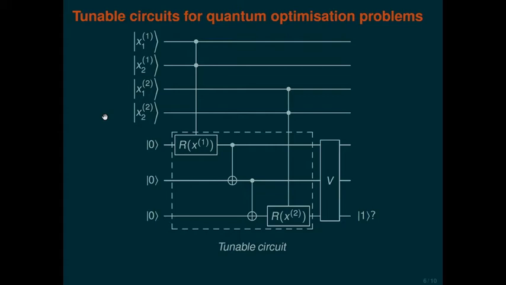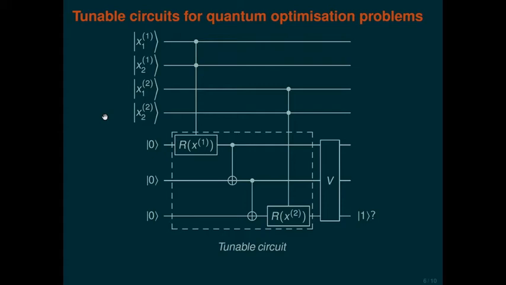So first, concentrate on the lower part of this circle, which is now a model of kind of most quantum optimization algorithms. So the idea is that you have some starting state, which is just usually the all-zero state. You have some circuit, which has some parameters. You have some gates, which you can tune.